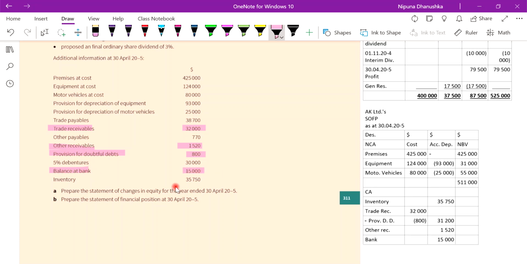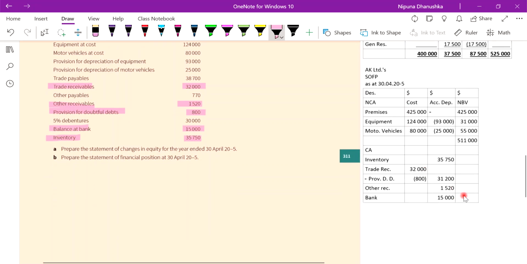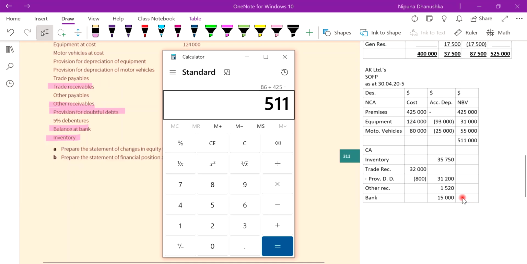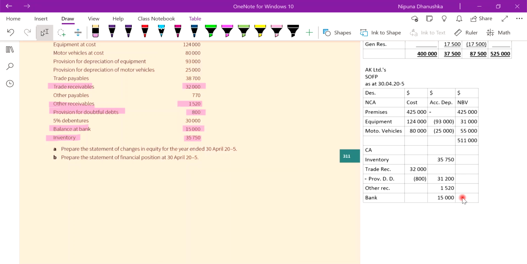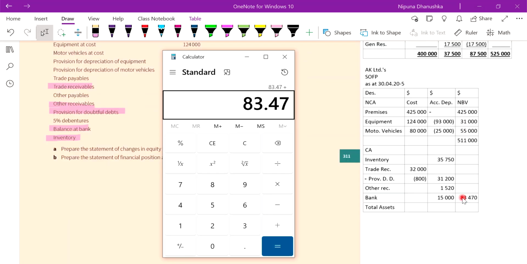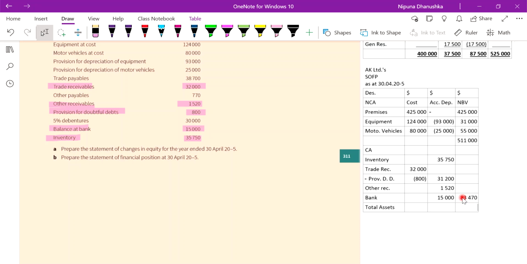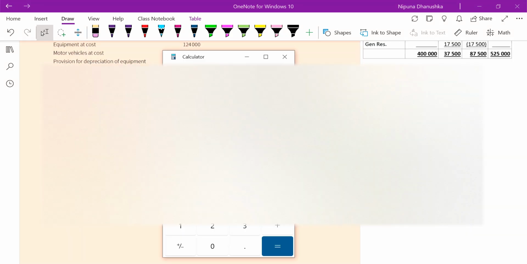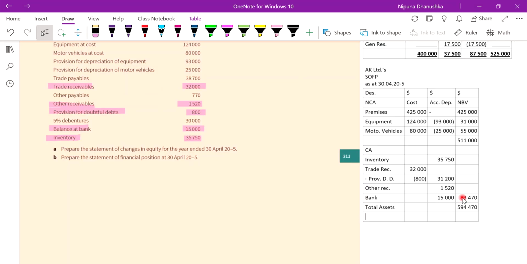Let's get the total of them all: 35.75 plus 31.2 plus 1.52 plus 15, 83,470. So the total assets, plus 511, 594,470.